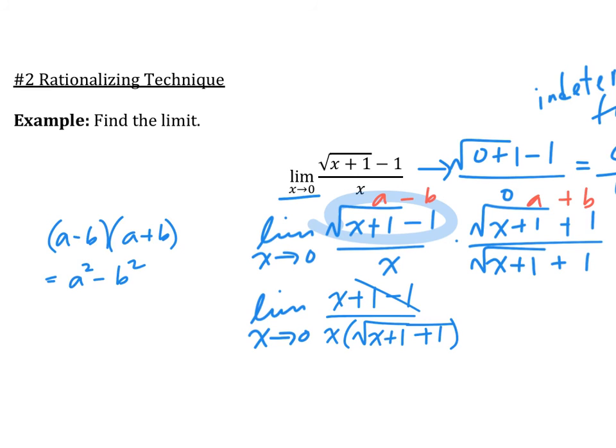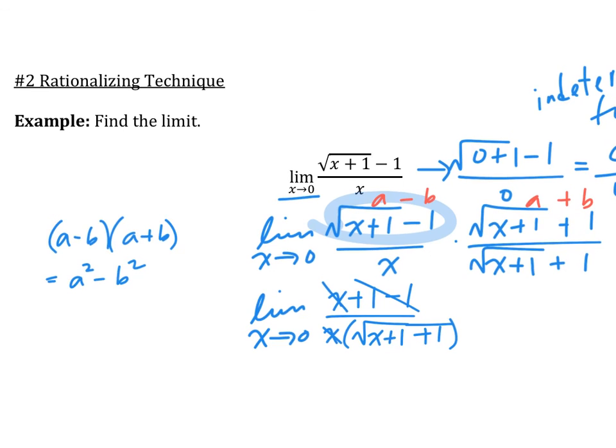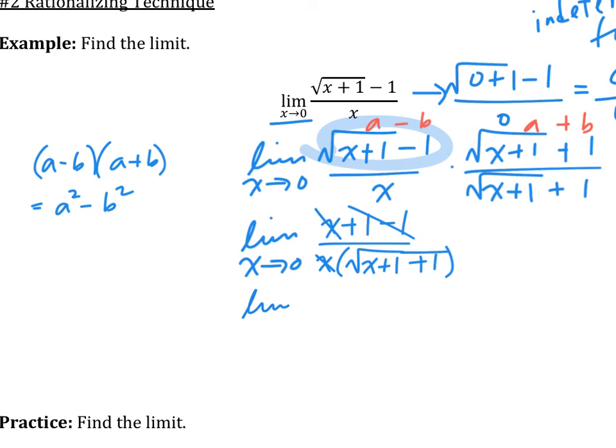All right, 1 minus 1 cancels. We have an x in the numerator and an x in the denominator. That's very nice. That cancels. So then we're going to end up with the limit as x goes to 0 of 1 over square root of, I'm sorry, why did I put this really long bar here?